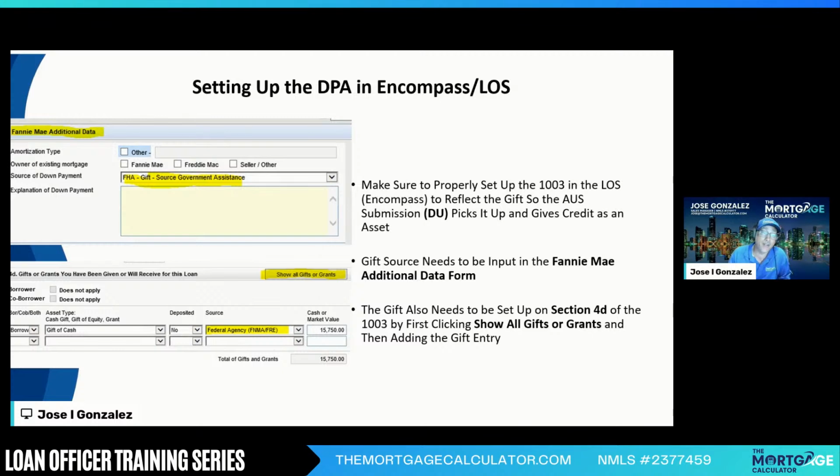But at that point, remember manual underwriting is 43% maximum total debt DTI. And there could be other restrictions if you're going manual underwriting for this type of loan. So it's always best if automated underwriting gives you the hit.